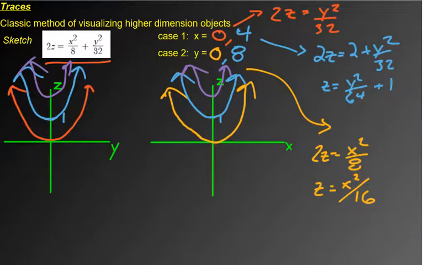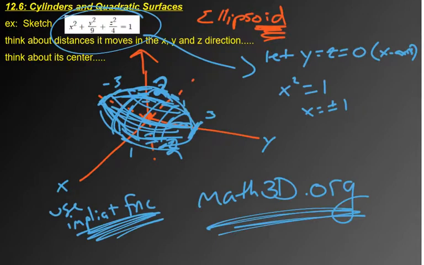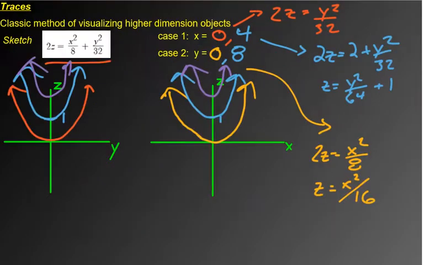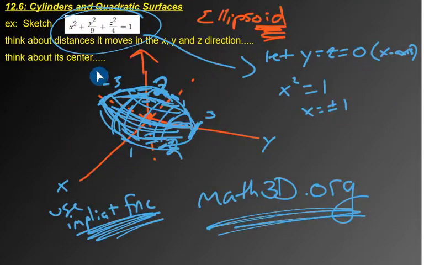And so then what you can start to do is visualize, okay, in this plane, when I look at the zy plane, when I project onto this plane back here, it looks like a parabola back there. When I project onto the zx plane, this plane right here, then it also looks like a parabola back there.